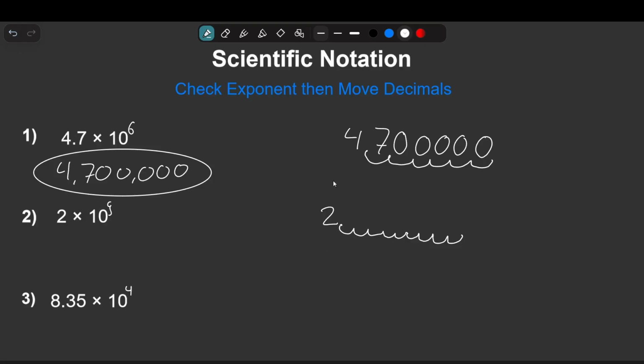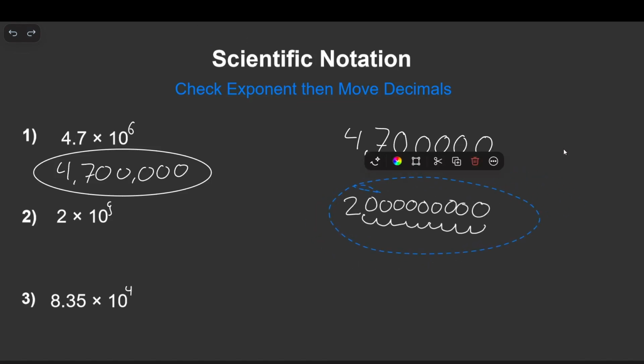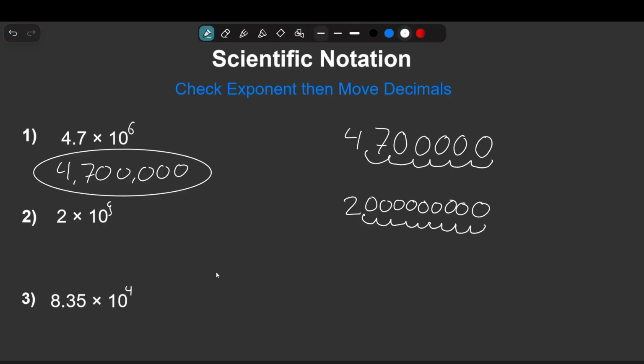Now again, we're going to fill in zeros in the empty spots. 1, 2, 3, 4, 5, 6, 7, 8, and 9. My bad, guys, it is very crooked, but it's okay. Now all we have left to do is rewrite our answer with the decimal in the correct spot.